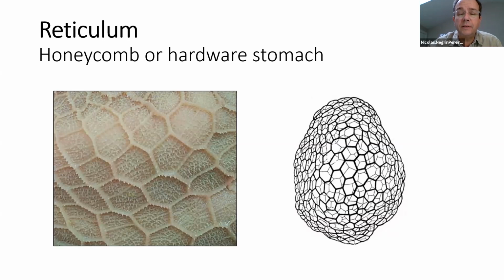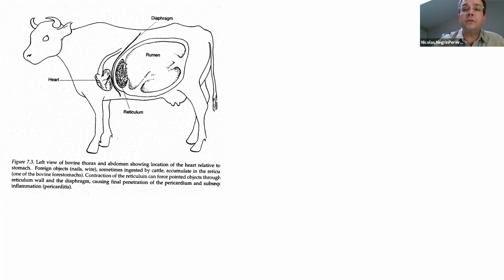You have this three-dimensional design showing the shape and position of the reticulum. I'm going to refer quickly to one example of what consequences this can have, related to the physiology and anatomy of the reticulum. We can see in that diagram how close, from an anatomical point of view, cranial to the rumen, we find the reticulum, which is only separated from the heart in the thoracic cavity by the diaphragm.